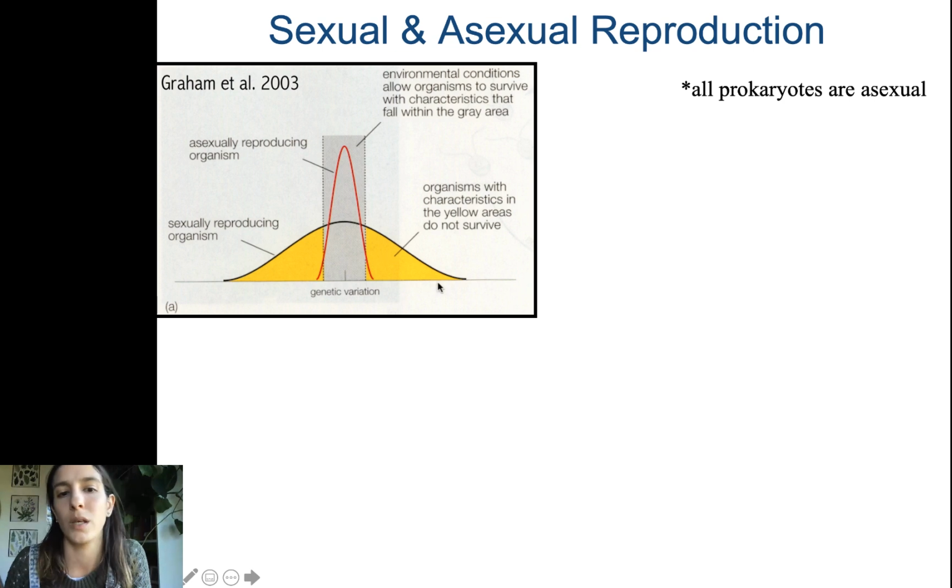And same with the organisms that fall into the genetic variation of the space over here. They will also not survive in this environment. So in this environment that is unchanged at this time in this picture, the asexuals have an advantage. The asexuals have a higher number of individuals as represented by this higher point.